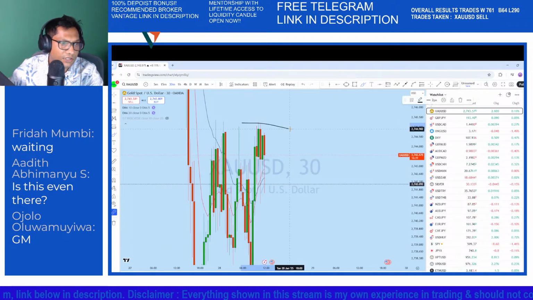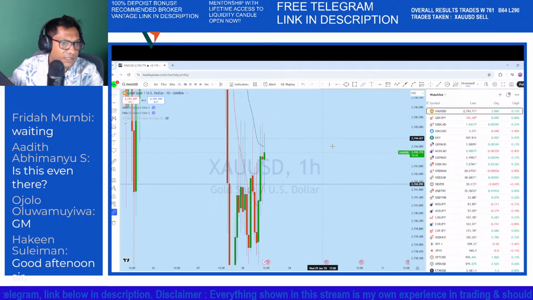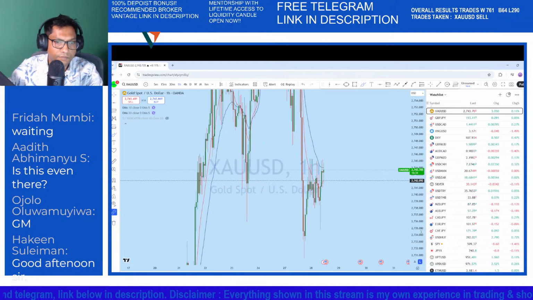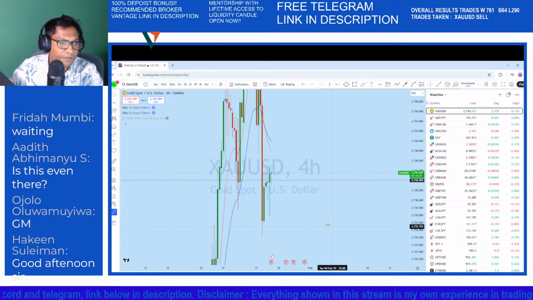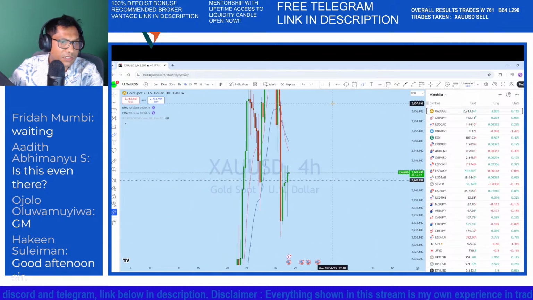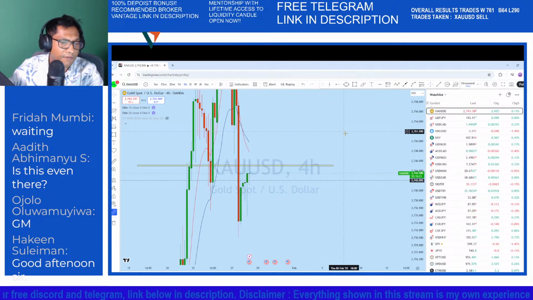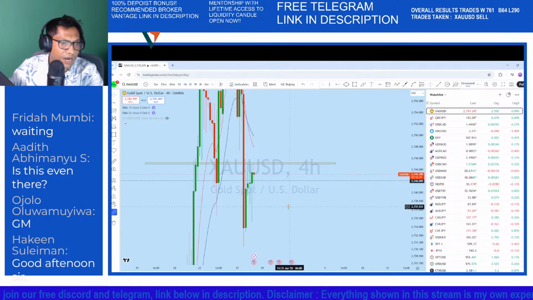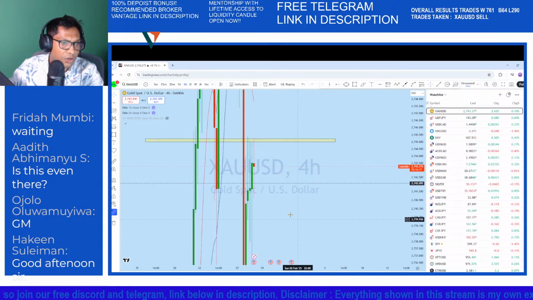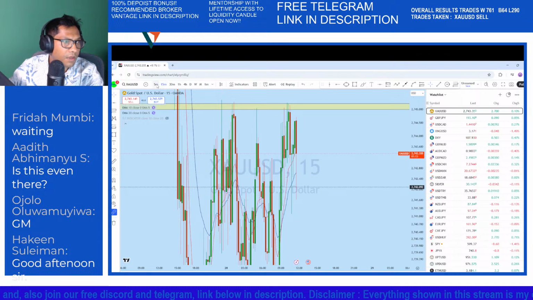This is a resistance line here, and looking at the 4-hour time frame, from that resistance line the market had a very strong drop. I am expecting this market to potentially drop back down to the support level to create a new lower low.